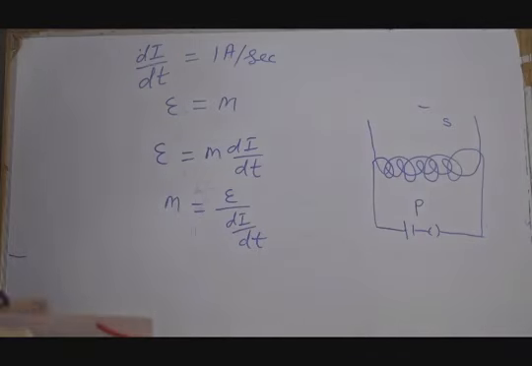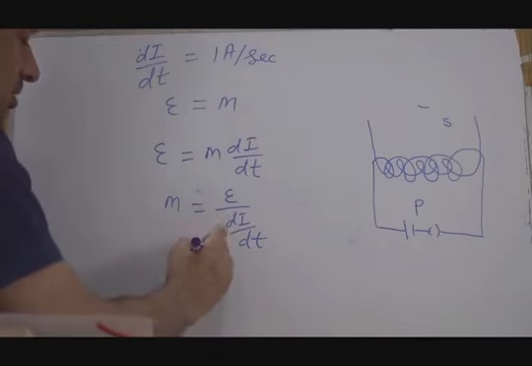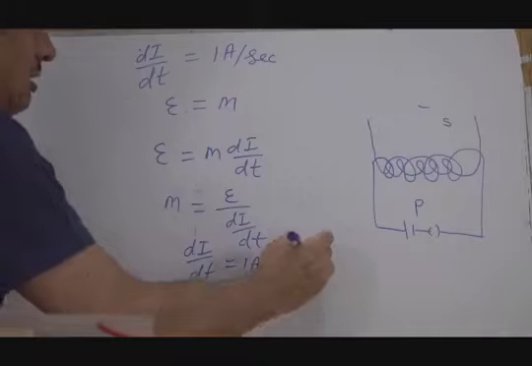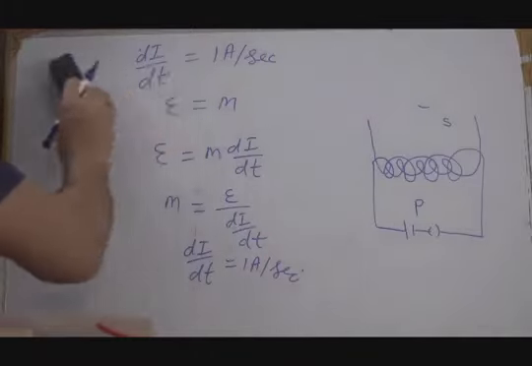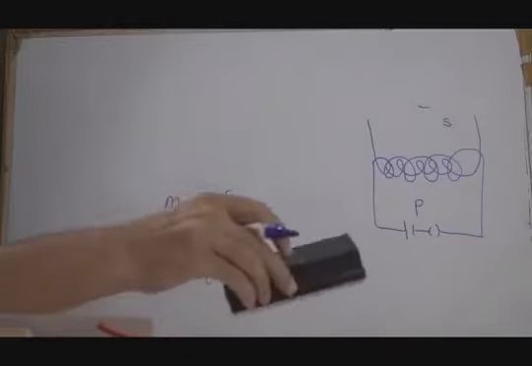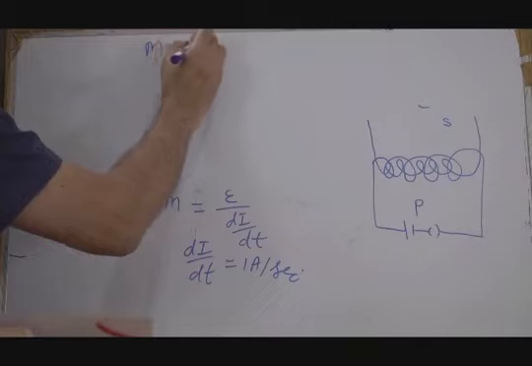And if I assume that di by dt is equal to 1 ampere per second, in that case, M will be equal to E.